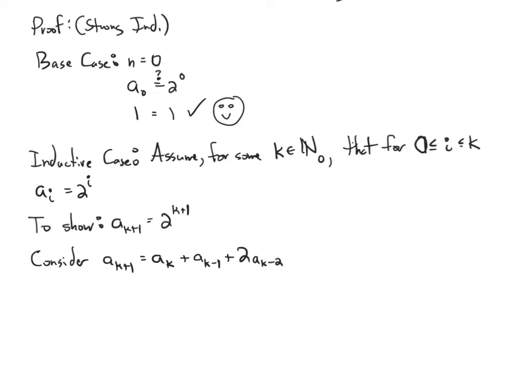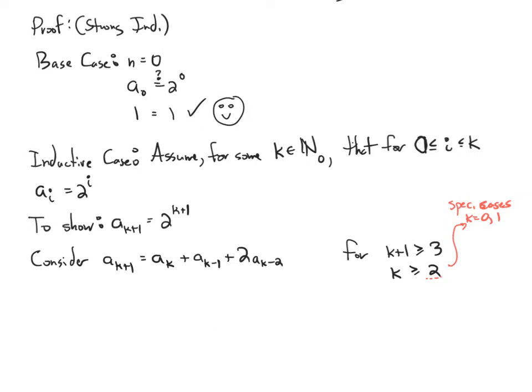Okay. But remember, this only holds when our index is greater than or equal to 3, which means k is greater than or equal to 2. But this isn't our least element. Our least element is 0. So we need special cases for when k is 0 and k is 1. But let's deal with them after the fact.